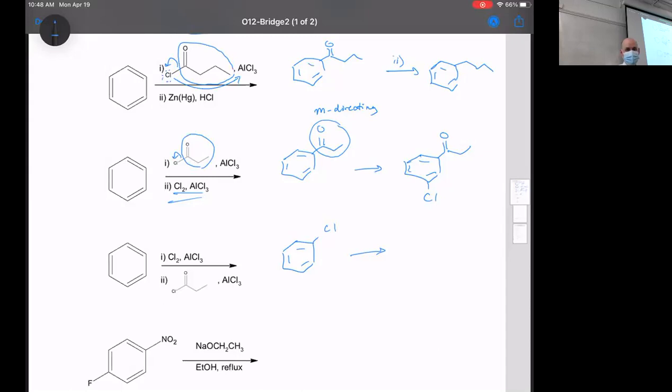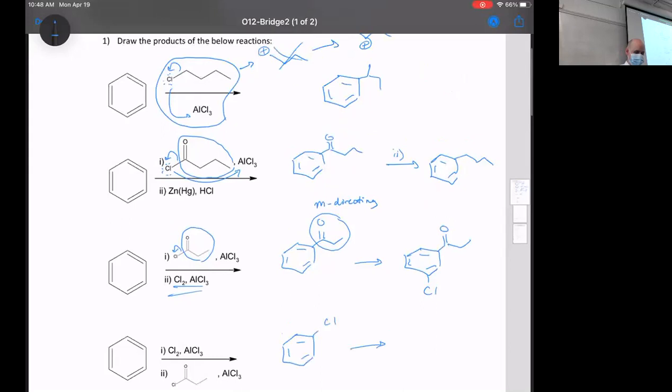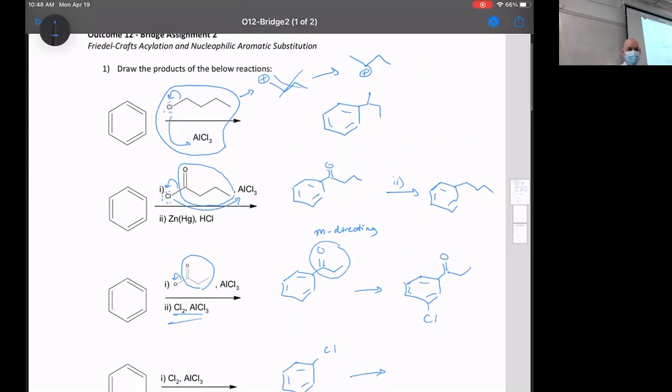So in this one, we did the Friedel-Crafts reaction first, followed by chlorination. And so chlorination was fine, it just went meta. Here we did chlorination first, so we put on a deactivating group. But then this reaction wouldn't work, because of one of the major limitations of Friedel-Crafts alkylation or acylation: it wouldn't work if you had a chlorine on the ring, or a nitro group, or a carbonyl, or anything like that.